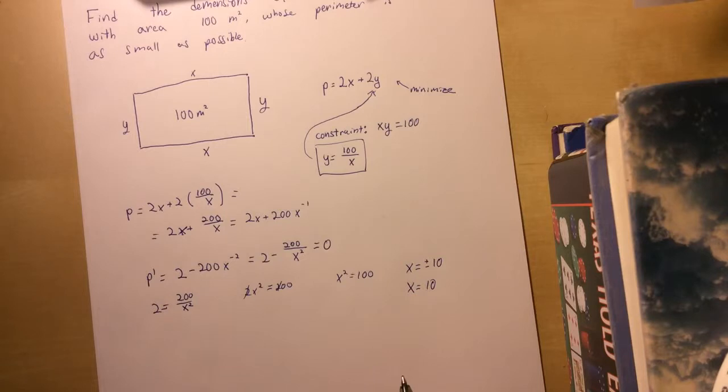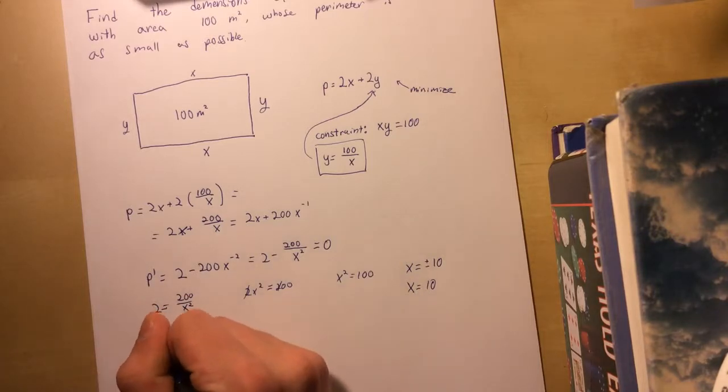And next what we're going to do is make sure that this is a minimum, because we want this to be a minimum. So what we're going to do is solve for p prime at an x value that is lower than 10 and an x value that is greater than 10.